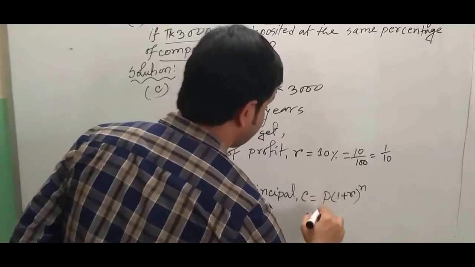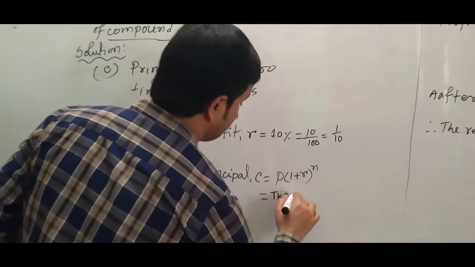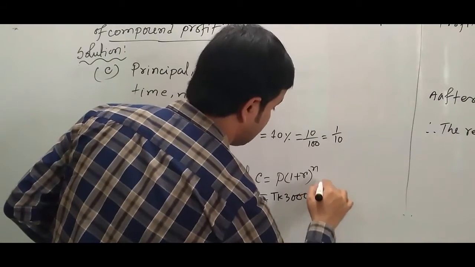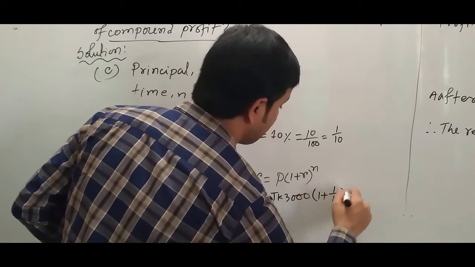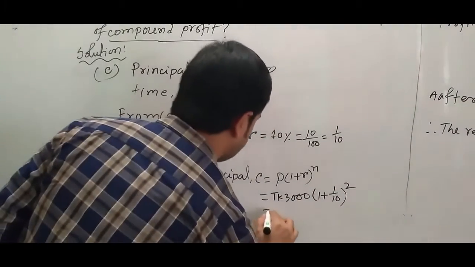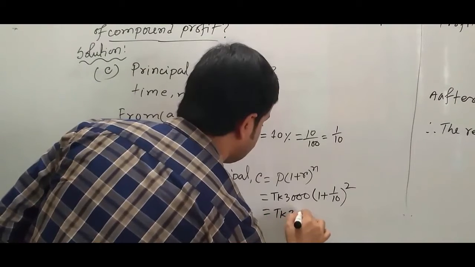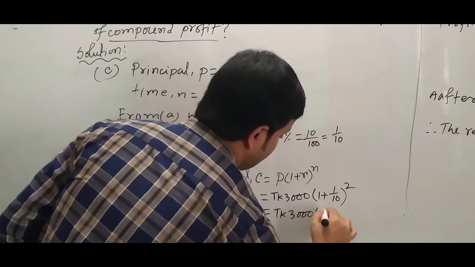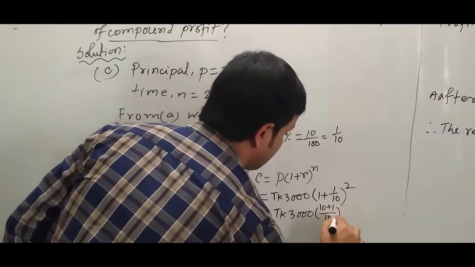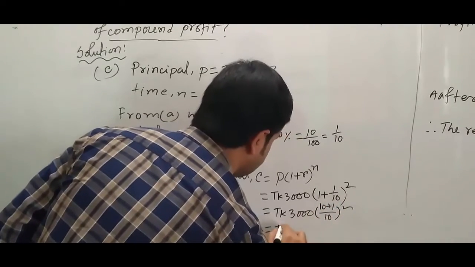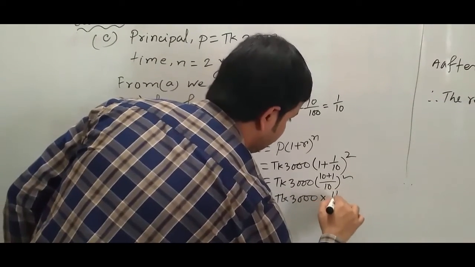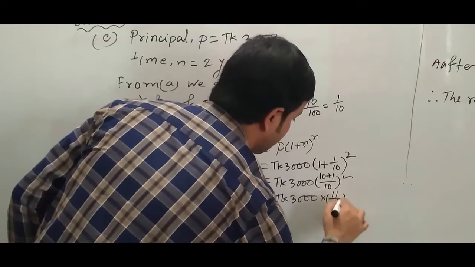Now P is taka 3000, 1 plus R is 1 by 10, and n is time 2 years. So we can calculate this now. 3000 into 1 plus 1 by 10 whole square. It means that taka 3000 multiplied by 11 by 10 whole square.